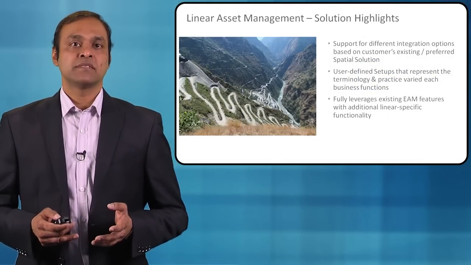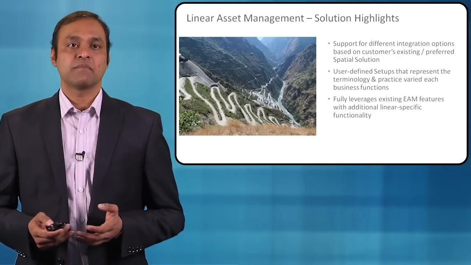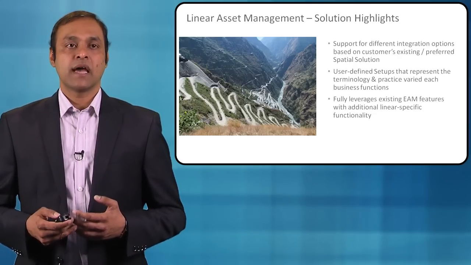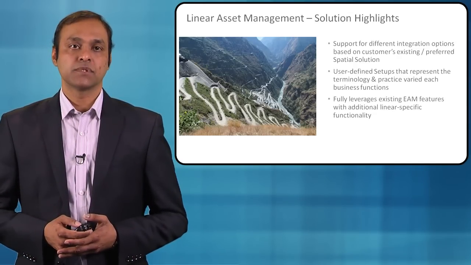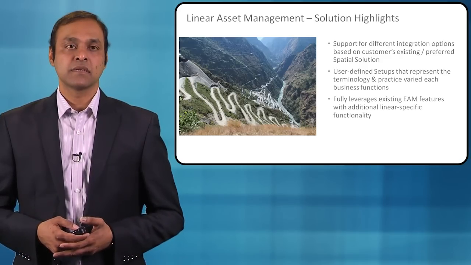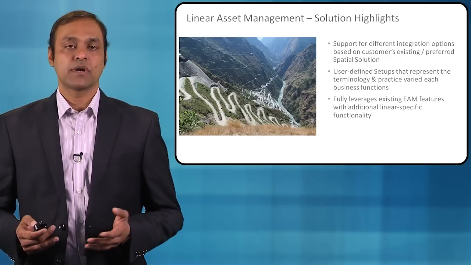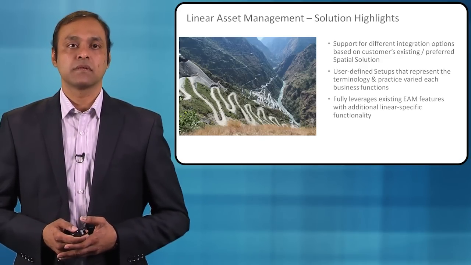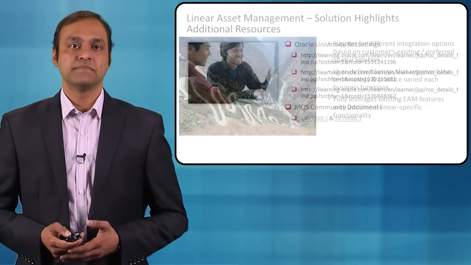You can fully leverage the EAM features. The linear asset management is designed on top of the EAM, so whatever features the EAM has, it's all supported, and it goes with integration easily.